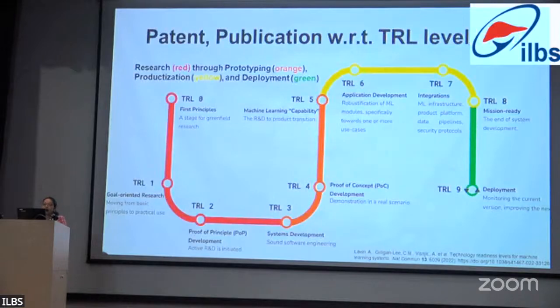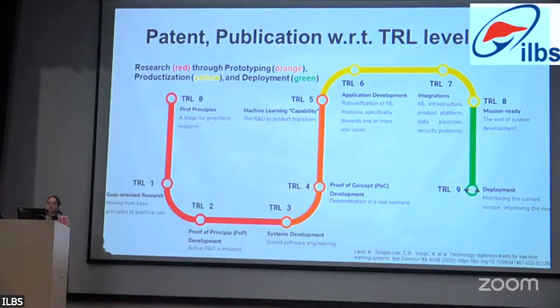When our model is developed or we are at the research level, we should understand the technology readiness level, the TRL, of our process. So we can decide when to apply for a patent, when to publish, and when to go for an abstract presentation; that needs to be done very carefully.